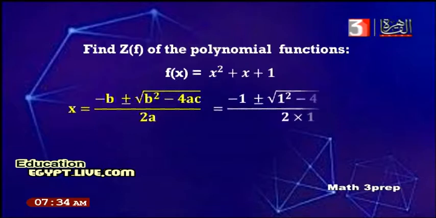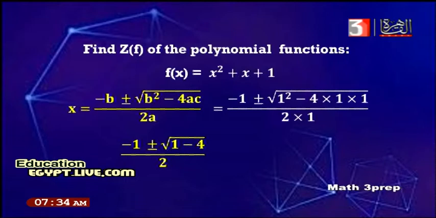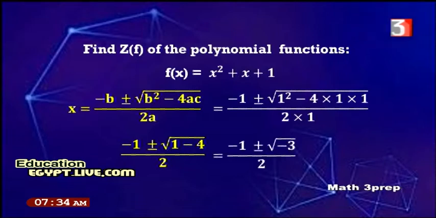So by substituting, it is negative 1, positive or negative, square root of 1 to the power of 2 minus 4 times 1 times 1 over 2 times 1. To obtain a result as negative 1, positive or negative, square root of 1 minus 4 over 2, which gives negative 1, positive or negative, square root of negative 3 over 2.